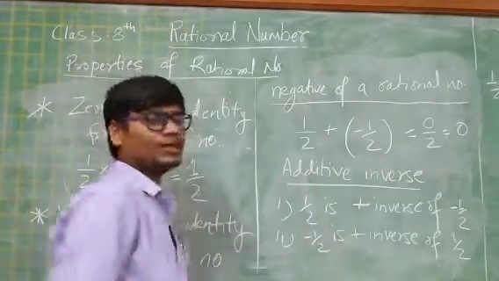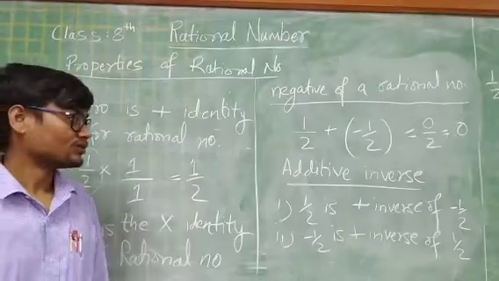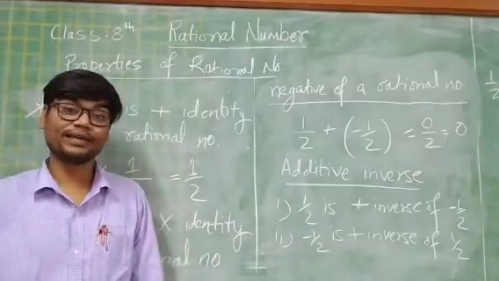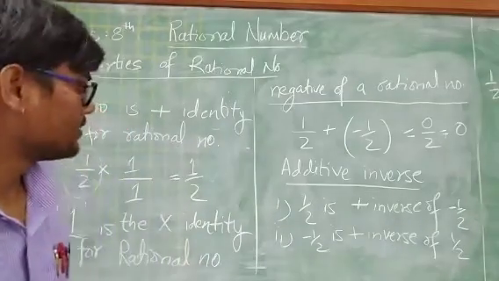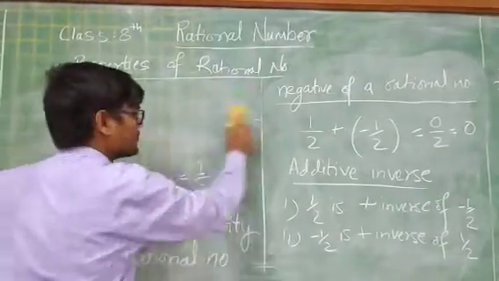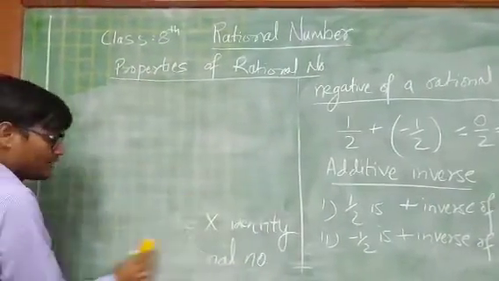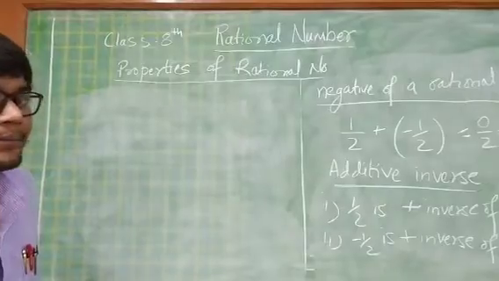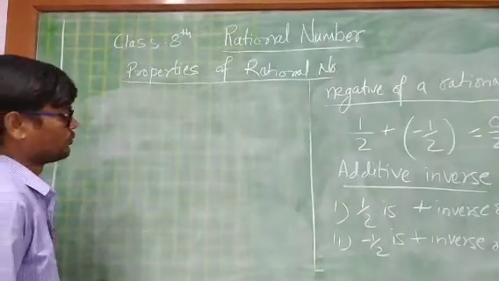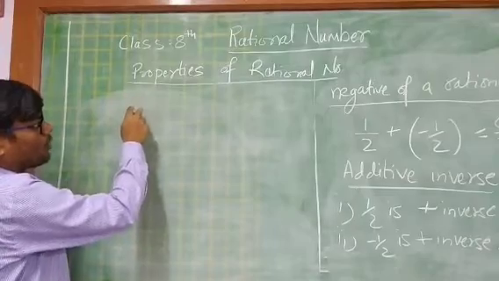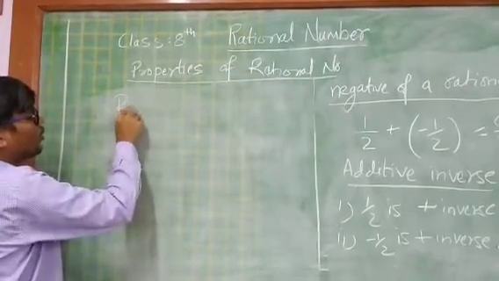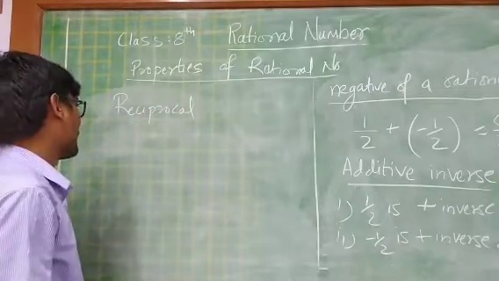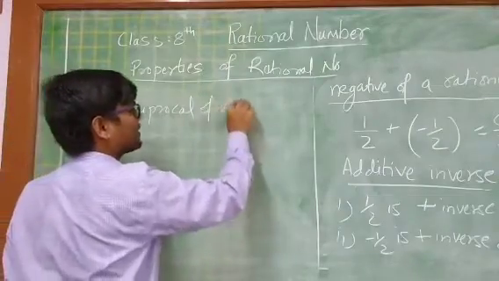Similarly, can we have multiplicative inverses? What should be the product of multiplicative inverses? It should be the multiplicative identity. Let us check this. Do we have a rational number which, when multiplied with a given rational number, gives us the multiplicative identity? Here we are going to learn about the reciprocal of a rational number.